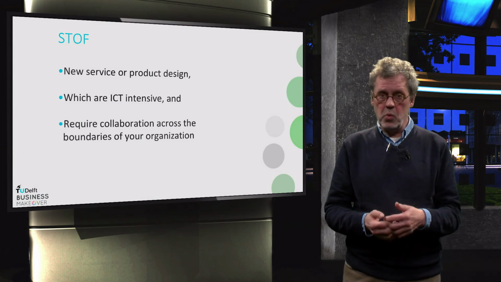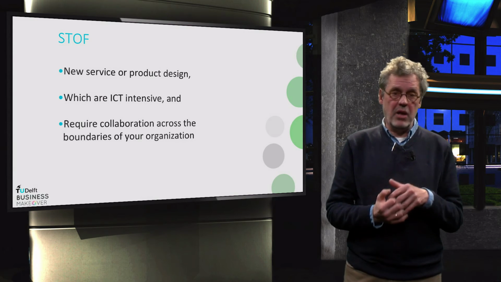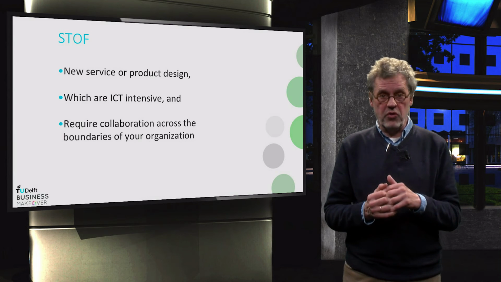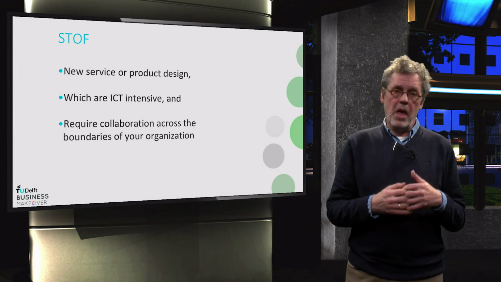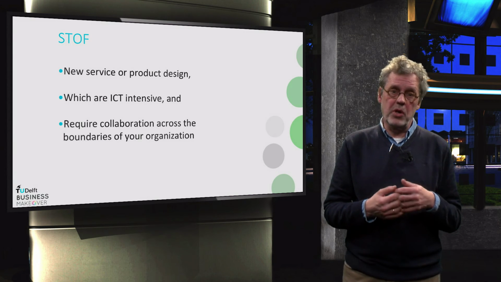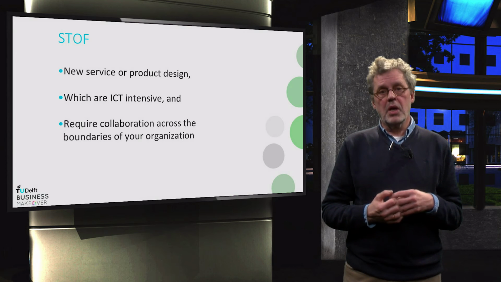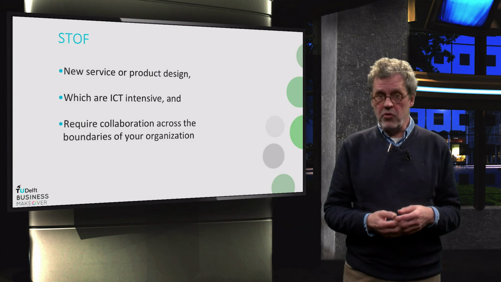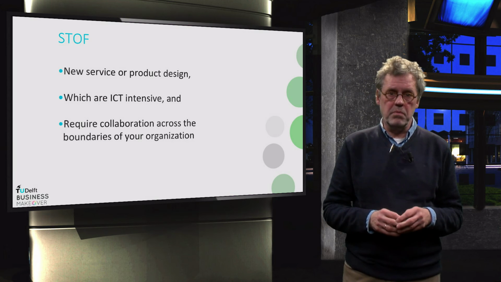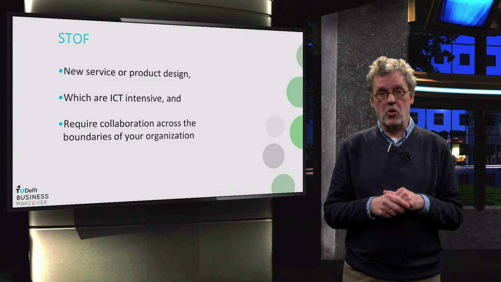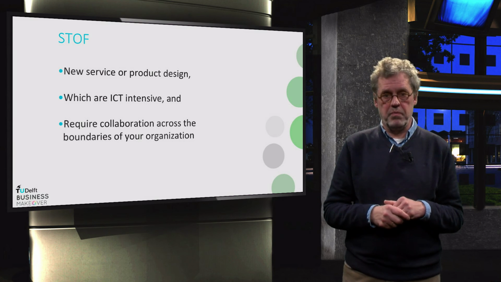It makes clear what the core service or product is and its value, which relevant resources need to be made available, and finally issues with regard to the financial consequences of the made choices become explicit. This all results in a feasible and viable business model with a focus on new service or product design, which are ICT intensive and require collaboration across the boundaries of your organization.